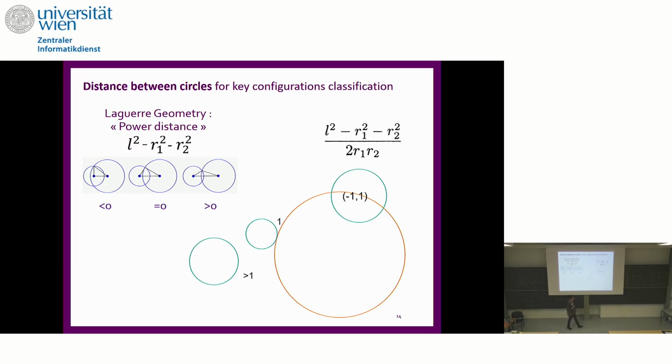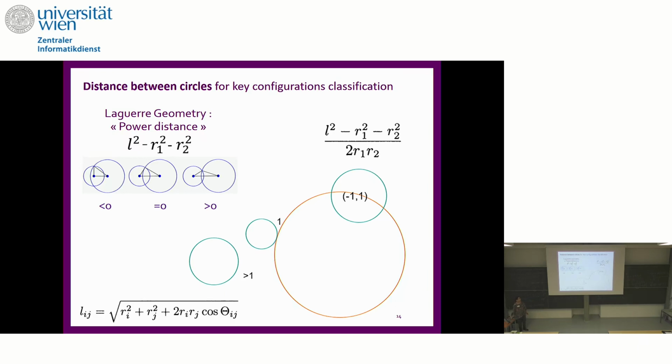And you can see that that would allow us to cover slightly more configurations, in the sense that you can now see a difference in terms of the angle in the case where they are intersecting with each other. When they are tangent to each other, that would be exactly equal to 1. And when they are disjoint, you know that the value will be bigger than 1. So you can better see what's going on in terms of the two circle configuration.